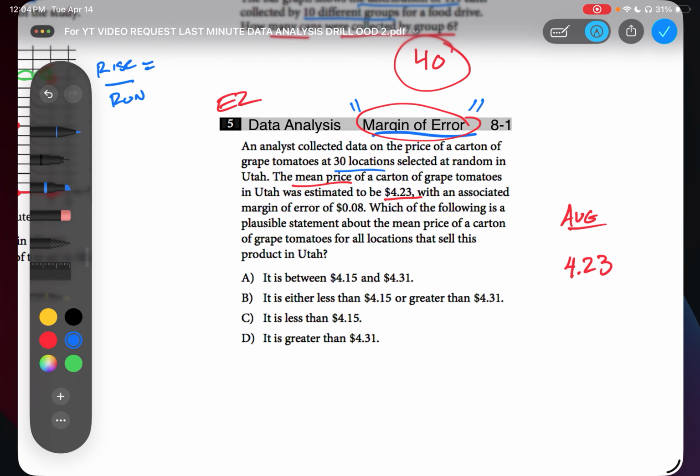But then we see an associated margin of error of 0.08, which means your margin of error for that average of 4.23, because the sample size is not perfect, it's an average. It means that it could be plus 0.08 or minus 0.08 of 4.23. You guys get it?